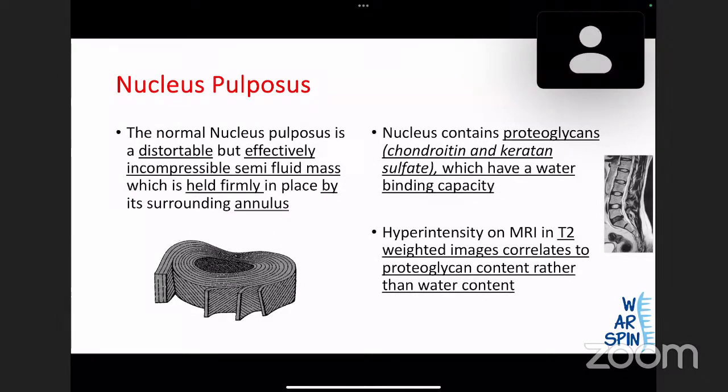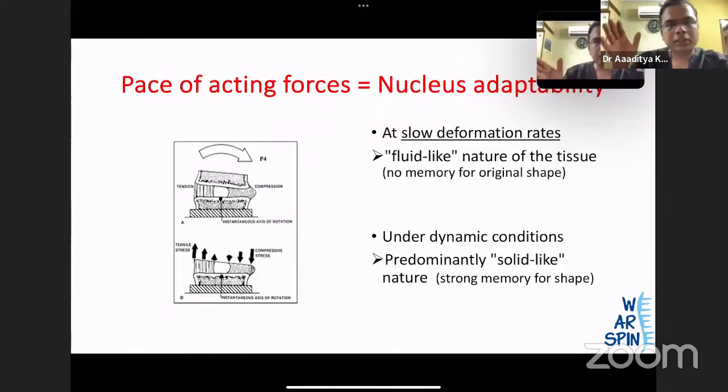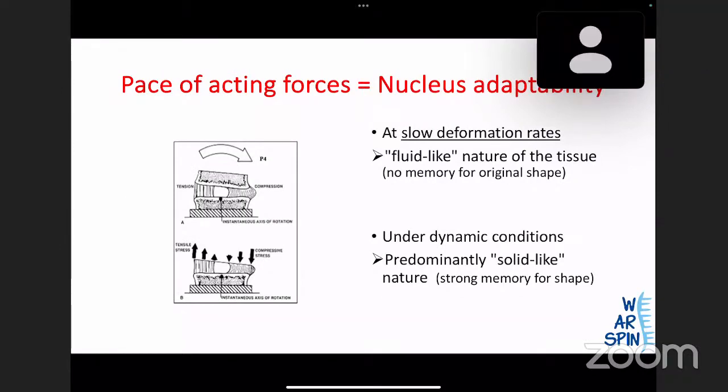It mainly contains proteoglycans, which help in holding the water back. That's the reason why, whenever we see an MRI picture on sagittal view, if the disc is in good condition or non-degenerated, then we see that disc as a gray or whitish structure. Whenever we see a blackish color disc, that means the water content of that disc is low and that it is degenerated.